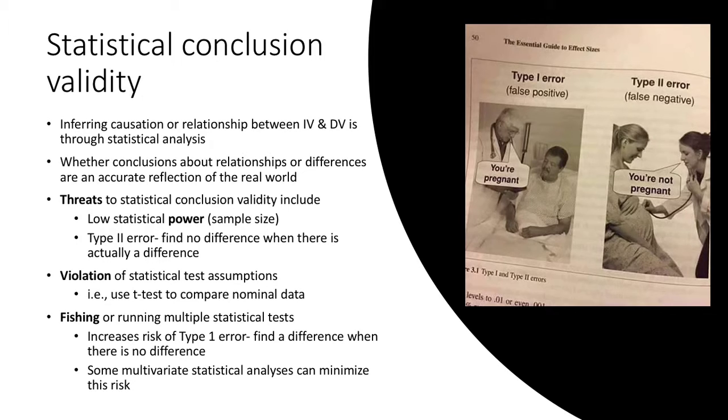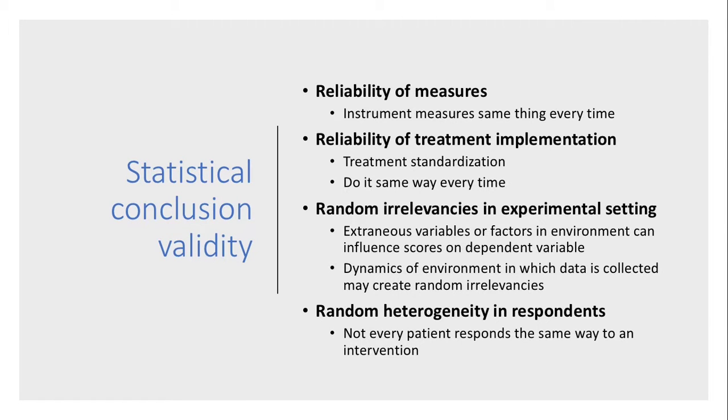Also, sometimes you'll read in manuscripts that authors, instead of choosing a p-value of 0.05, choose a much more conservative level of 0.01 to be considered statistically significant, to ensure that they have validity with their statistical findings.